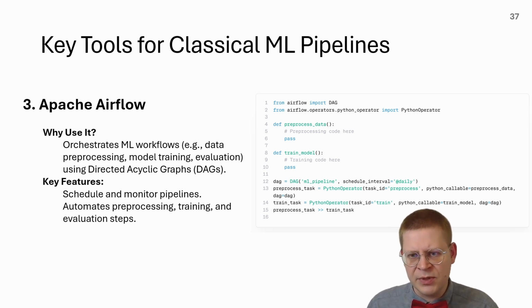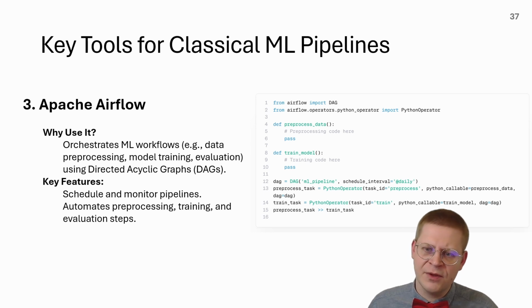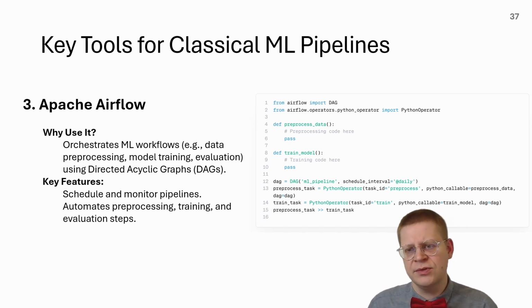You can set up tasks like preprocess or training and specify their order. If one step fails, Airflow will notify you or automatically retry. The key features include scheduling, so your pipeline can run on a defined interval, and monitoring, so you can see if tasks succeeded or failed in each stage.